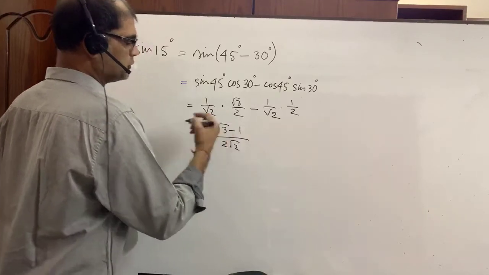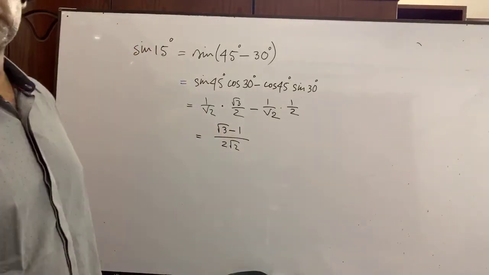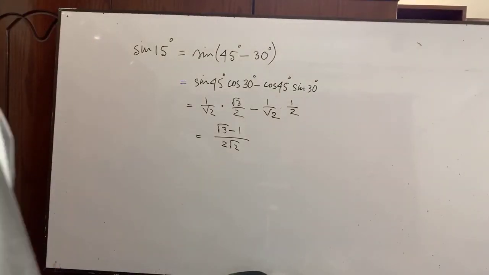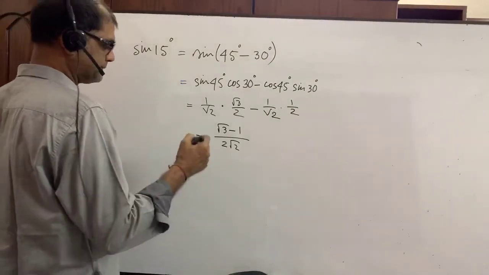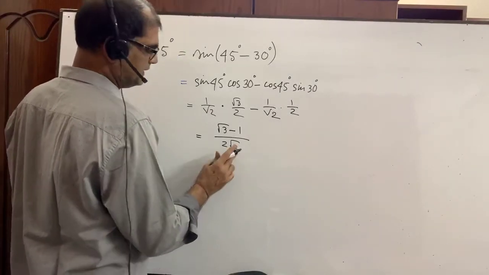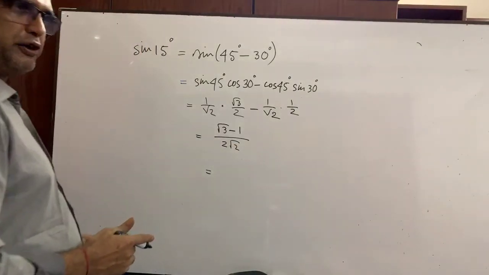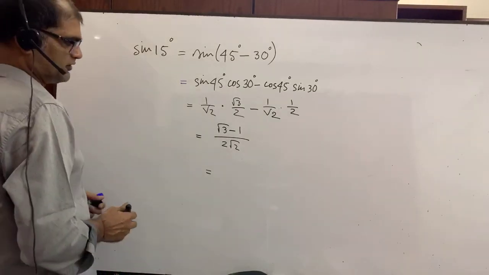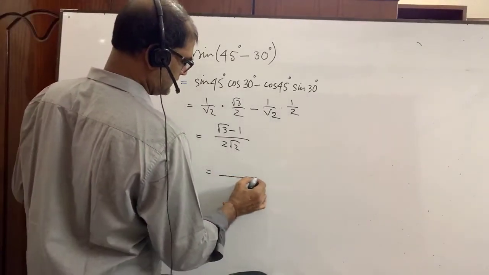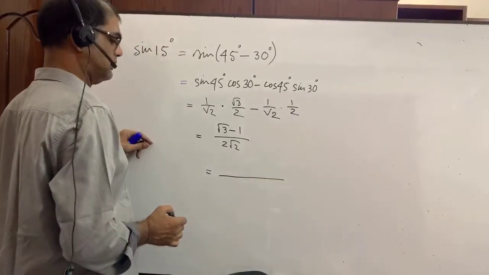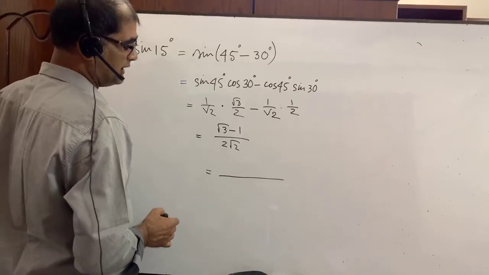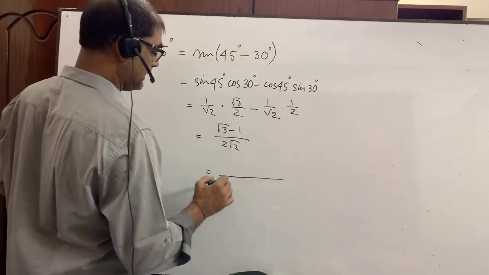2 root 2 can be taken as LCM here, right? Now you see, there is a root 2 in the denominator. So what is to be done? We have to rationalize the denominator by multiplying both the numerator and denominator by root over 2.